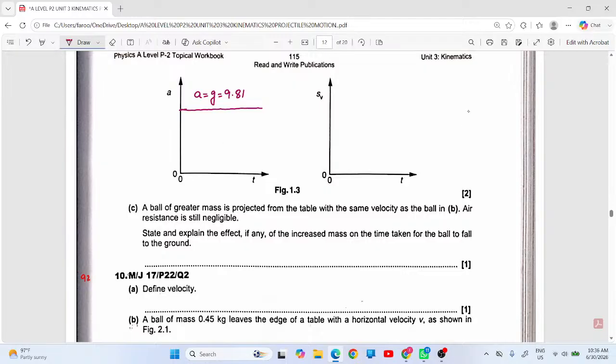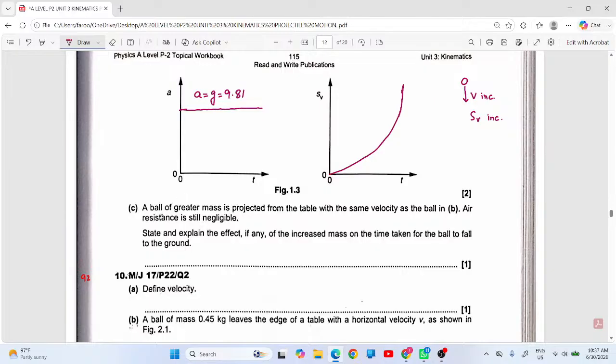When the object is moving downward, its speed increases, so after each second the vertical distance also increases. We have to show the increasing gradient of the distance. You have to say that velocity increases, that's why the distance also increases.